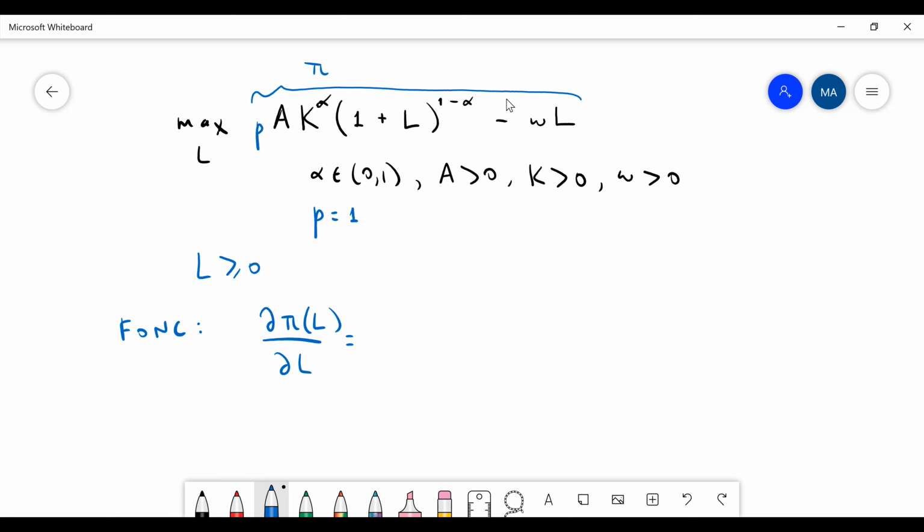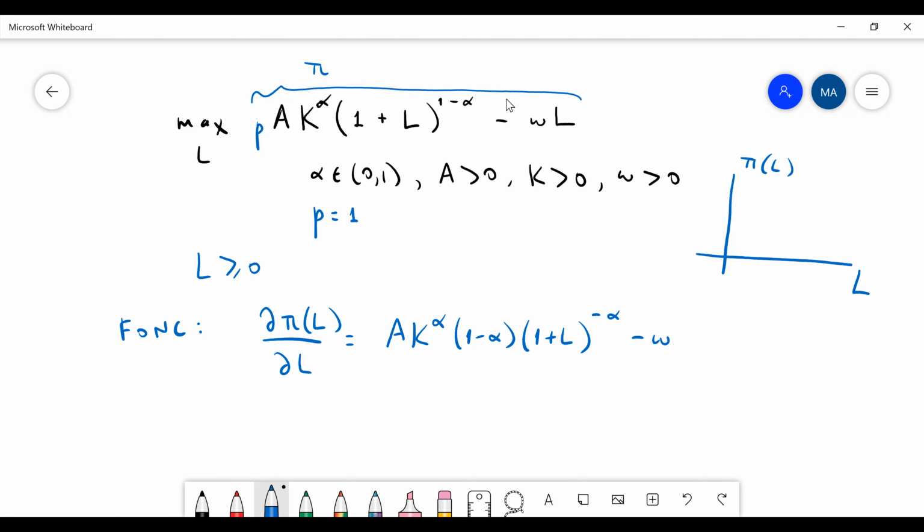So the first derivative would look like this: A K^alpha (1 minus alpha)(1 plus L)^(-alpha) minus W, right?